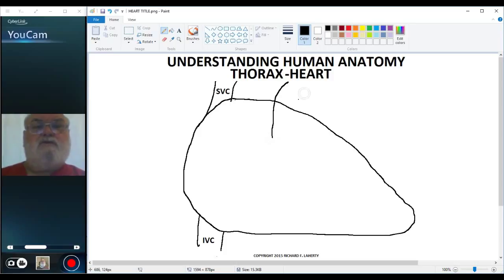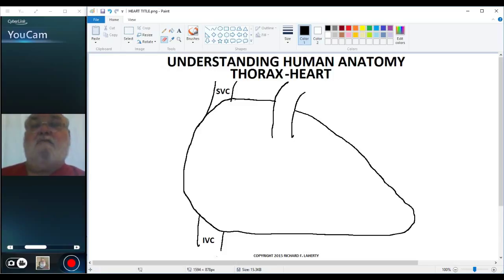We don't have room to show the entire arch, but we can show the start. Okay, and of course that will be covering up the structure of the heart, so let me erase that line.